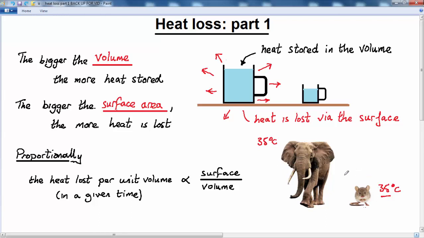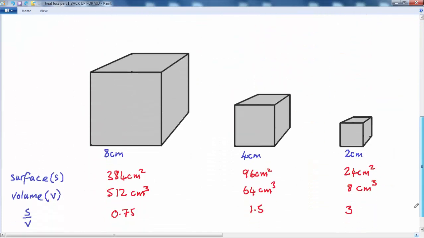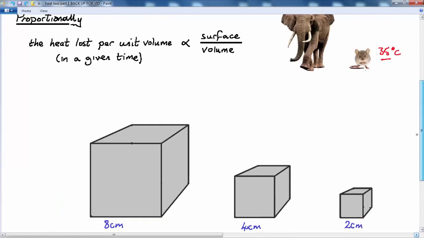Well, we can see that the field mouse has a much bigger heat loss problem than the elephant. Because it's a lot smaller, the ratio of its surface area to its volume is a lot bigger, as we saw in the case of the cubes. The ratio of the surface area of this small cube to its volume is a lot bigger than the ratio of the surface area to volume of this cube.